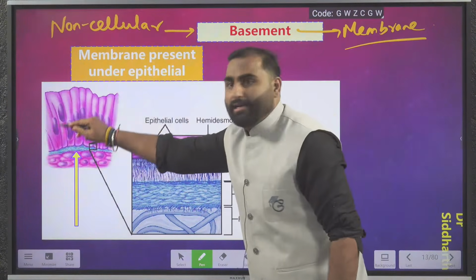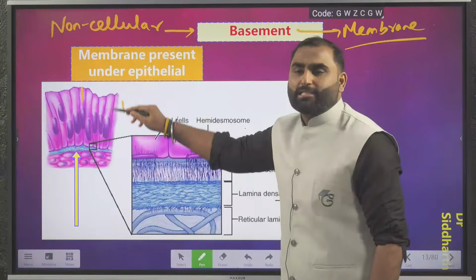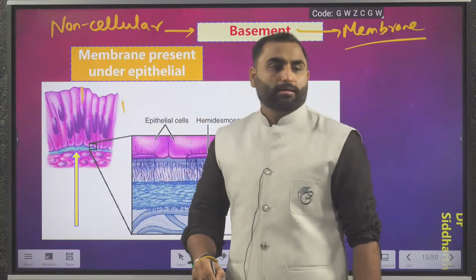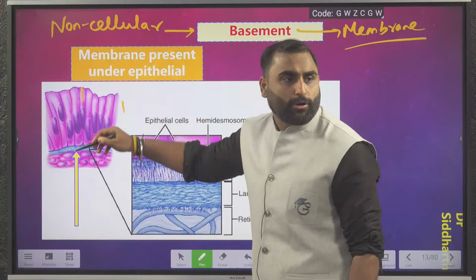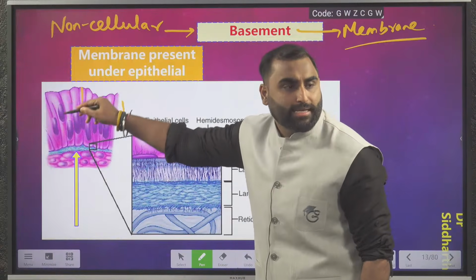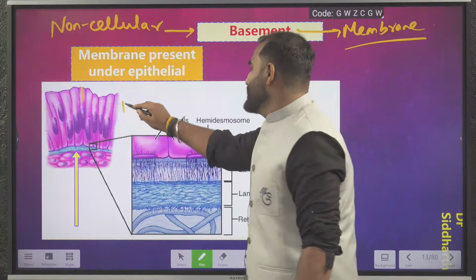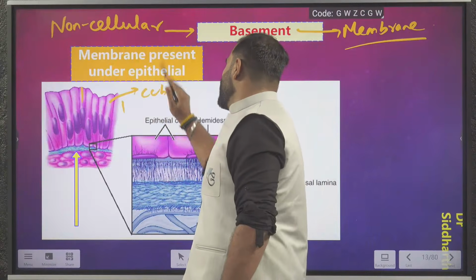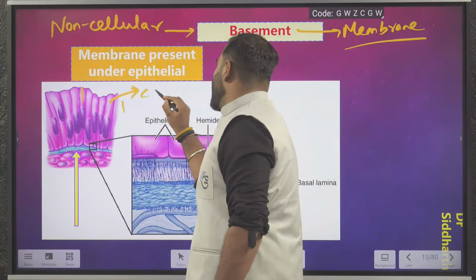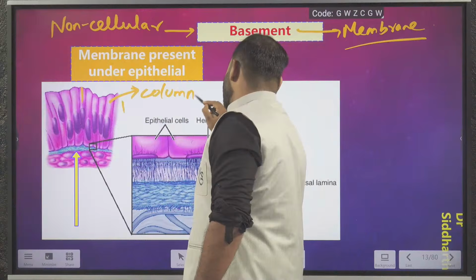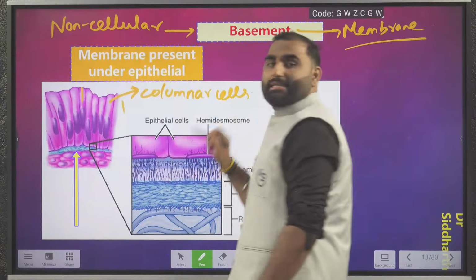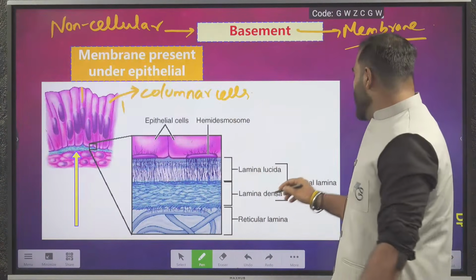Here we have epithelial cells. Can anyone tell me which type of epithelial cells you are looking at? Is it squamous, cuboidal, or columnar? No, cuboidal is wrong. It is columnar cells that you are looking at here.